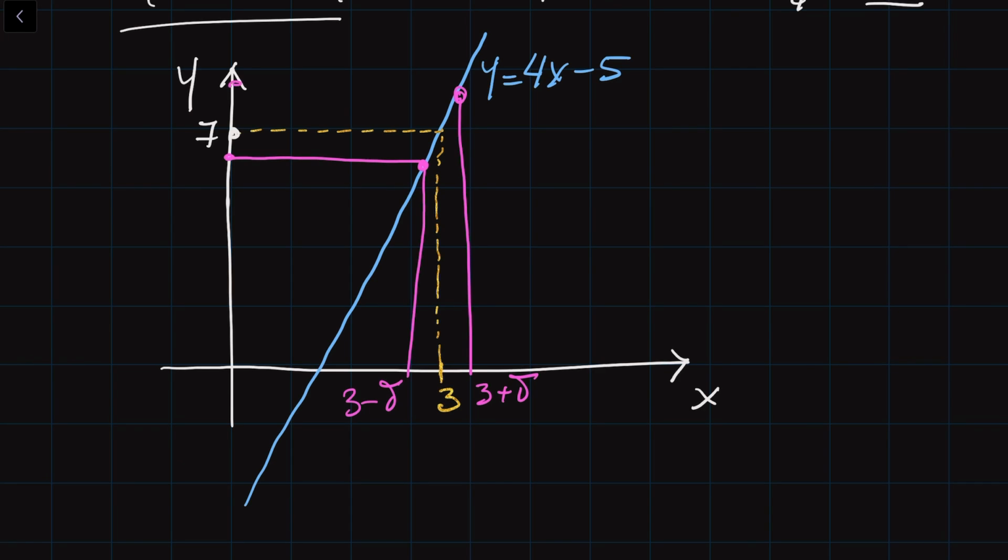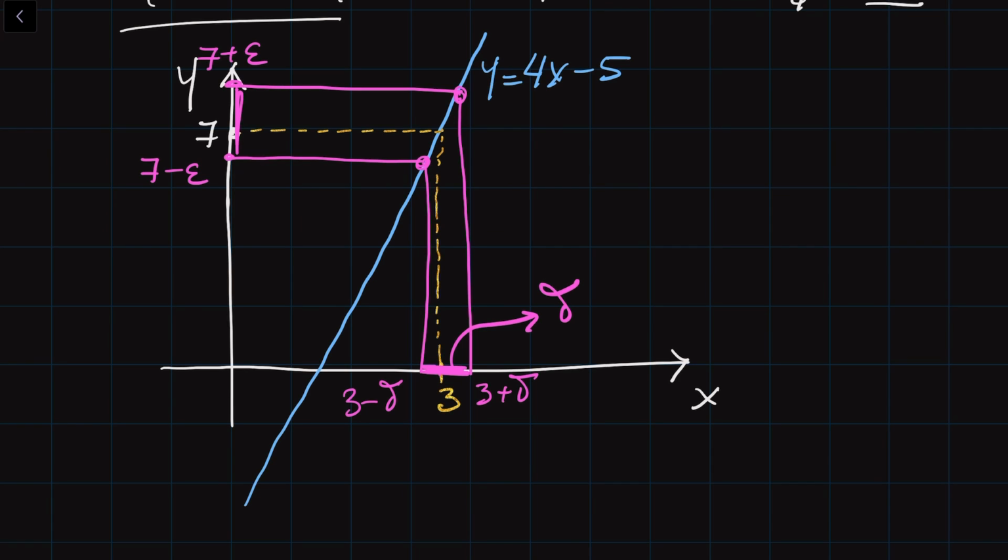So here it is going to be 7 minus epsilon to 7 plus epsilon. This is what we call the precise definition of the limit. Essentially, I can choose this distance, the delta, so that I can control this distance here, the epsilon. And I know that the relationship is that I need to choose delta to be equal to the epsilon over 4.